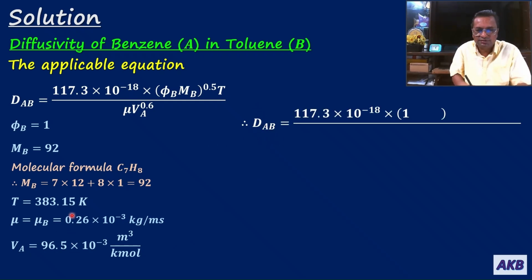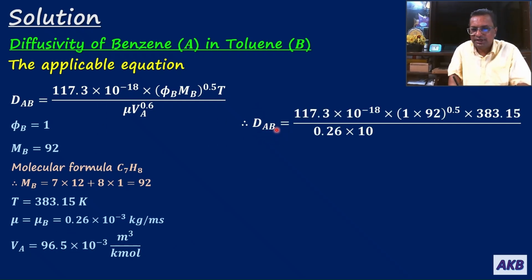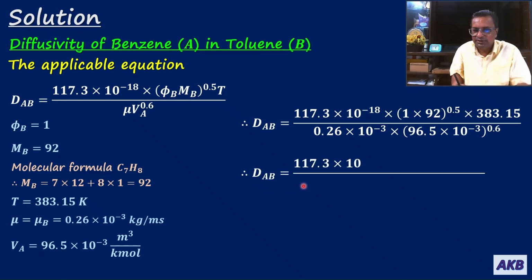And then if you use these values in this equation, it will be DAB is equal to 117.3 into 10 to the power minus 18 into 1 into 92 raised to 0.5 into 383.15 divided by 0.26 into 10 to the power minus 3 into 96.5 into 10 to the power minus 3 raised to 0.6. Therefore, DAB is 117.3 into 10 to the power minus 18 into 9.59 into 383.15 divided by 6.39 into 10 to the power minus 5.